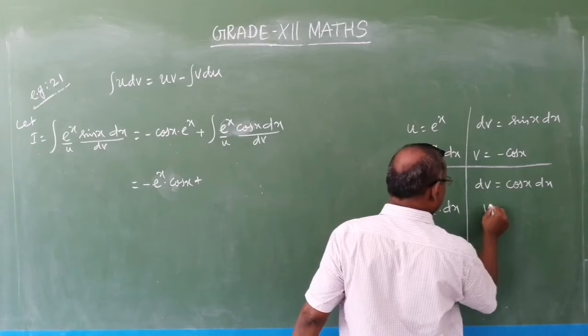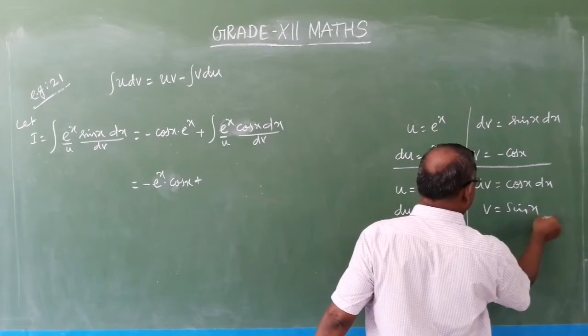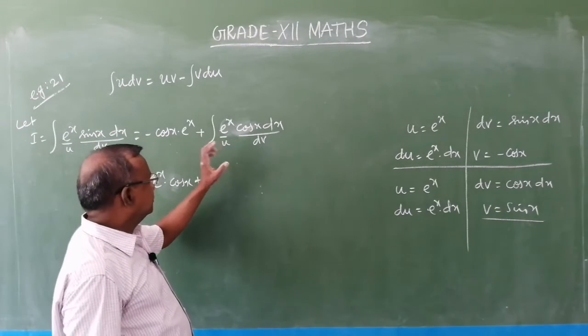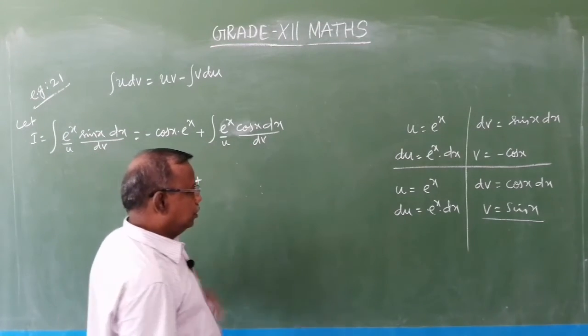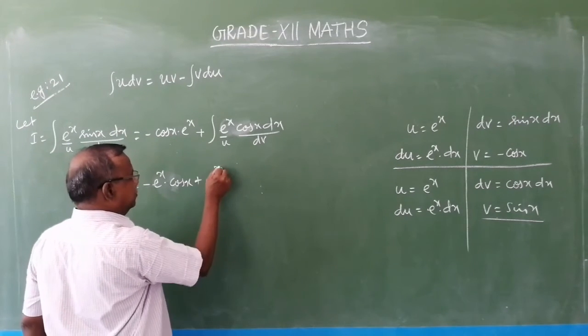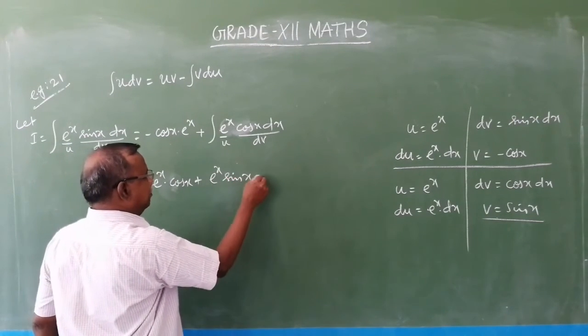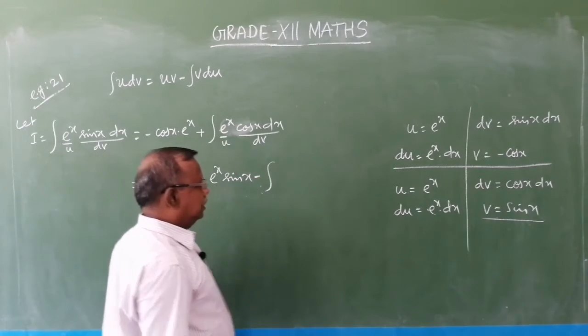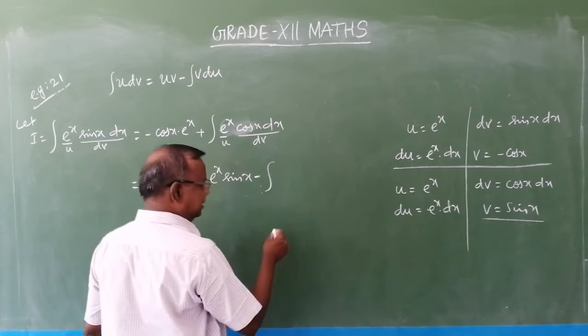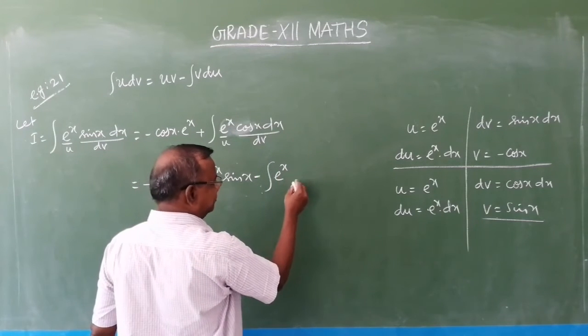Integrating, we have v equal to sin x. Now, integral u dv equals uv, that is e^x sin x, minus integral v du. So, v means sin x, du means e^x dx.